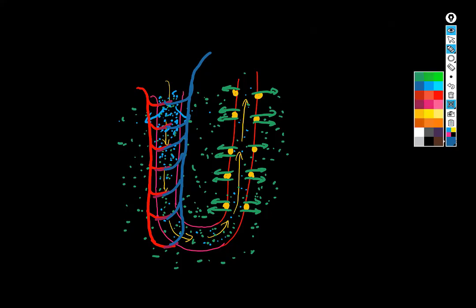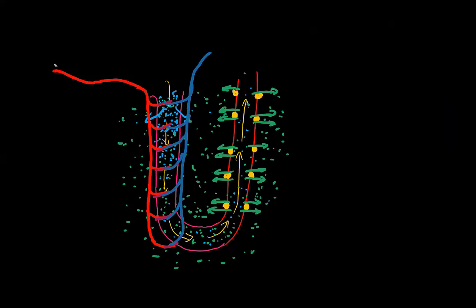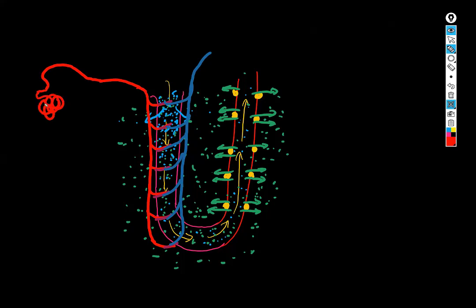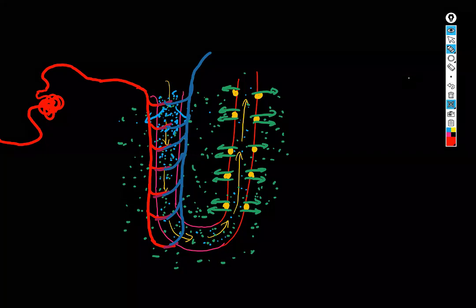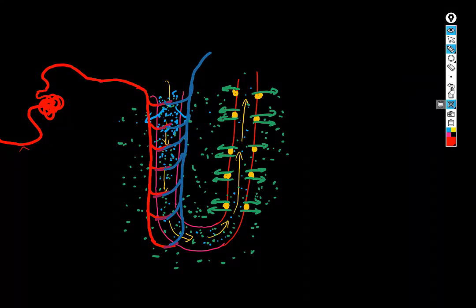So let me just draw the rest of this real quick. So we've got efferent arteriole. So let me think about how I want to draw this. There's my glomerulus. There's the afferent. I'm going to label all these.